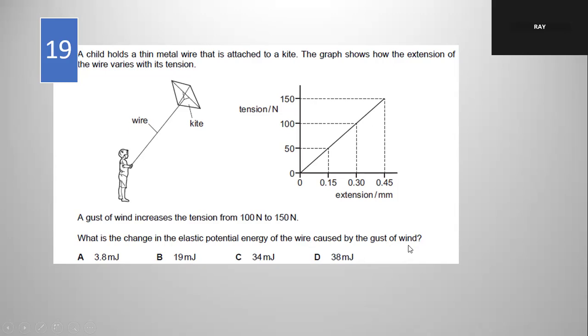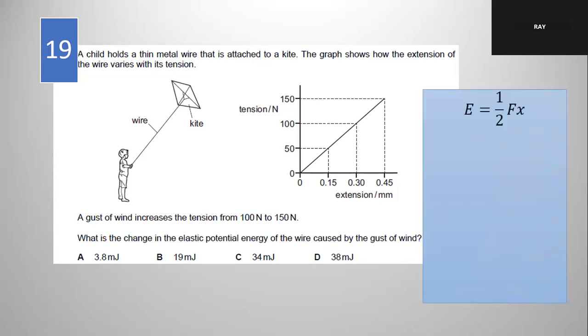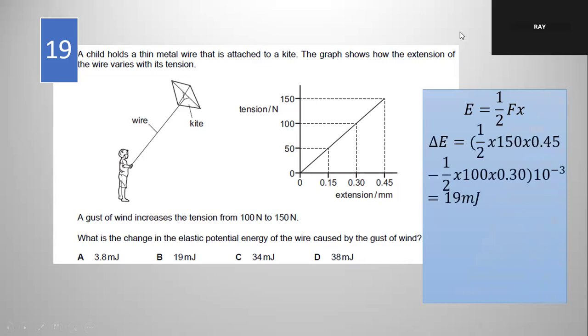What's the answer? This one is one over 2 kx squared, one over 2 Fx. E equals half Fx. So area of trapezium.